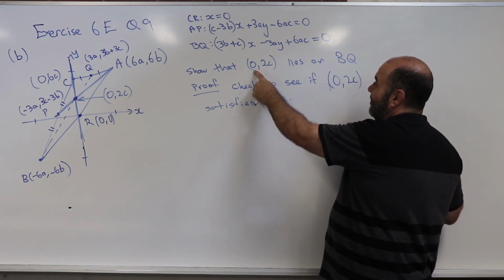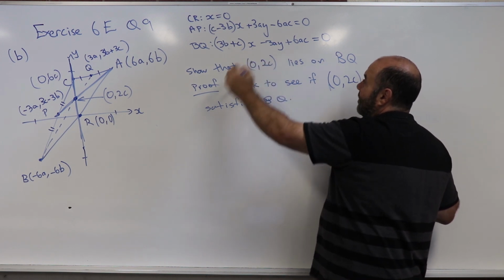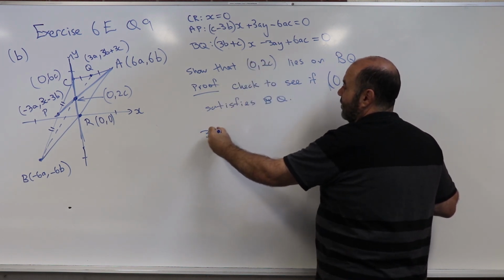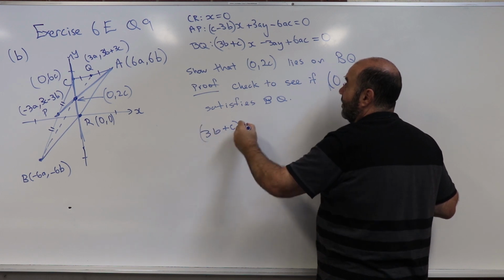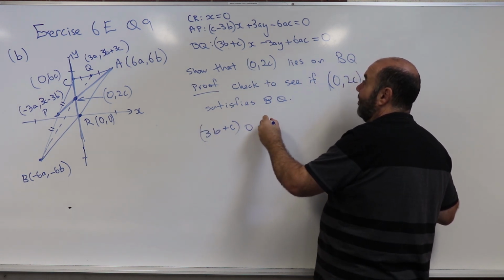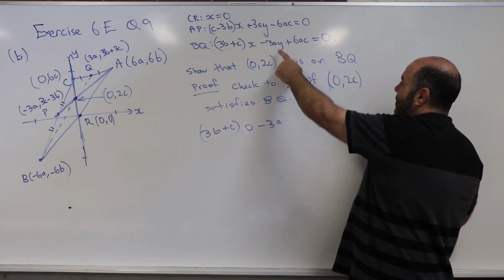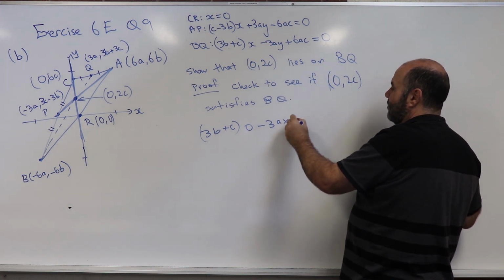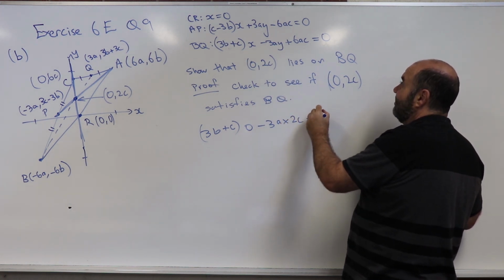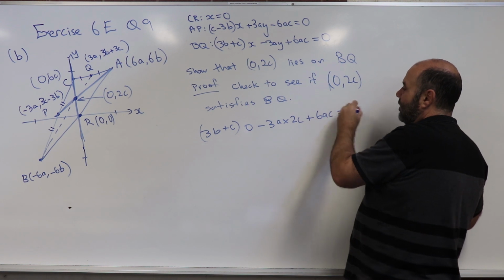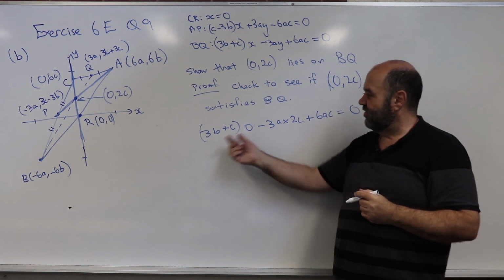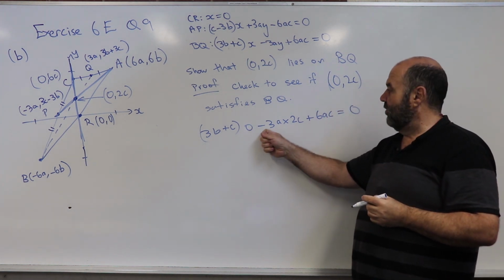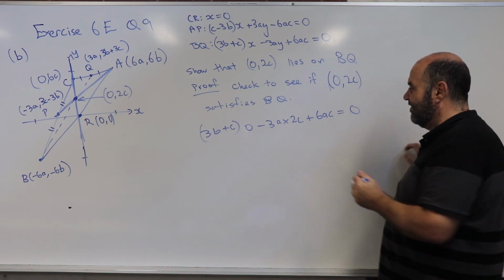I'm going to let x equal 0 and y equal 2c. 3b plus c times 0 minus 3a. Instead of y, I'm going to write 2c plus 6ac equals 0. Well, all this times 0 is nothing. And over here I've got minus 3a times 2c.